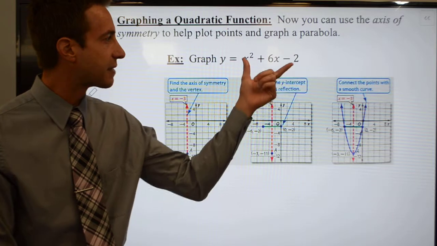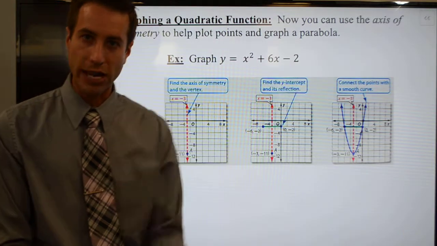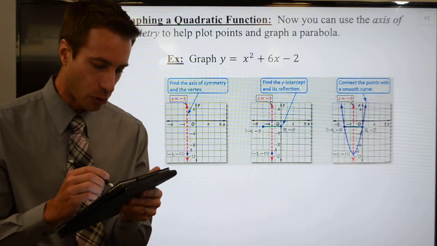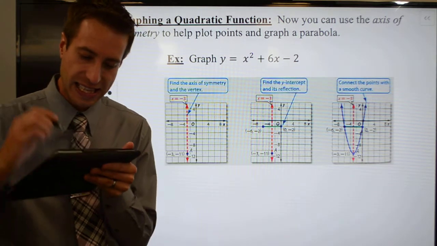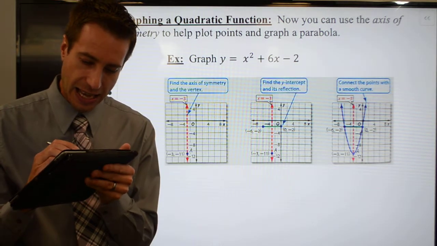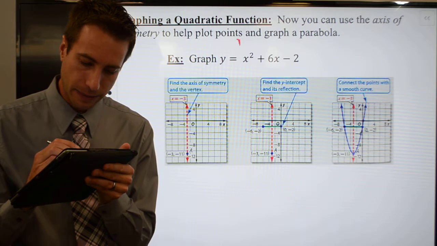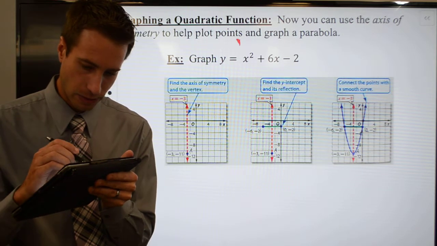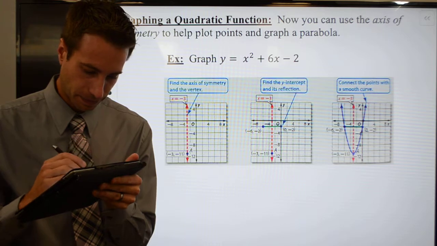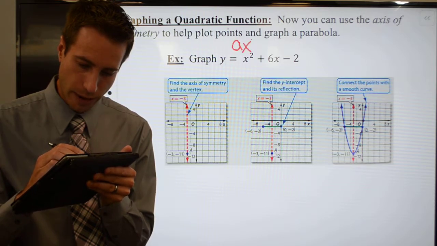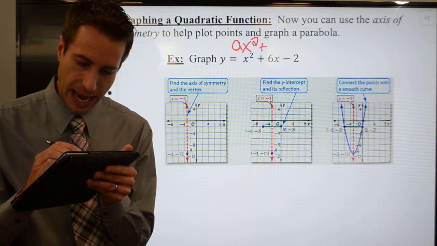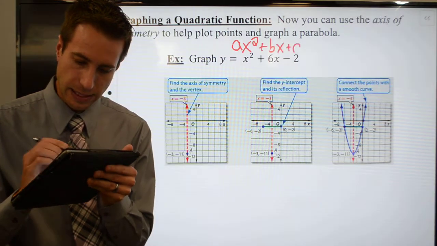What I've done is I have given you a quadratic equation. Real quick, let's go ahead and label what we know. Remember, our general equation is ax squared plus bx plus c.